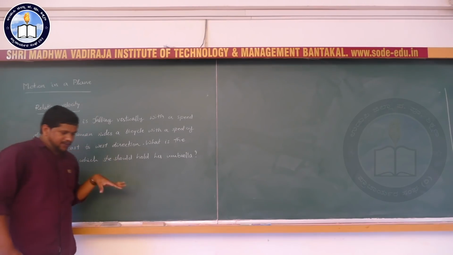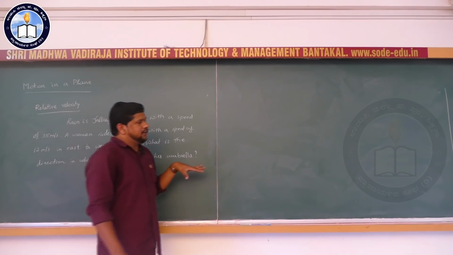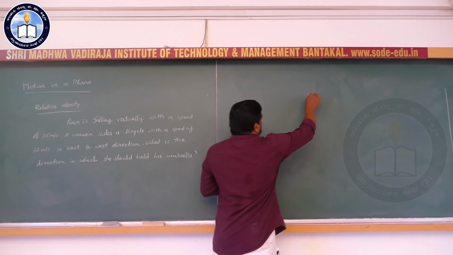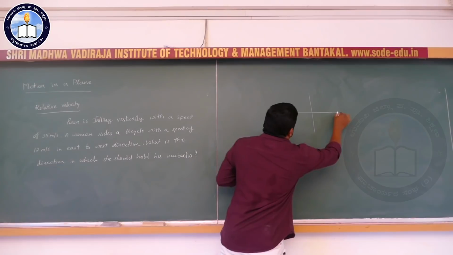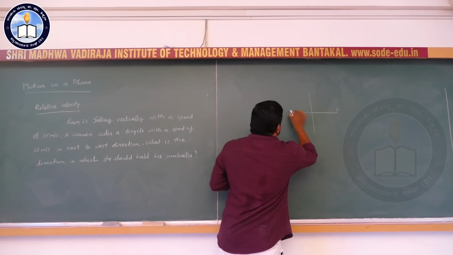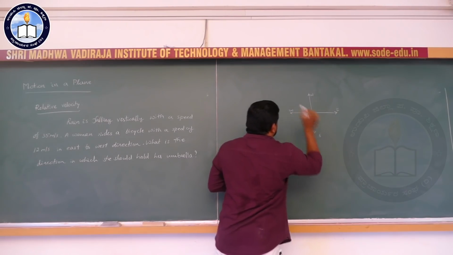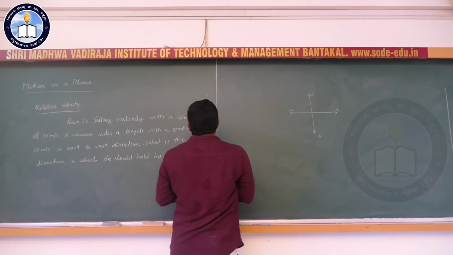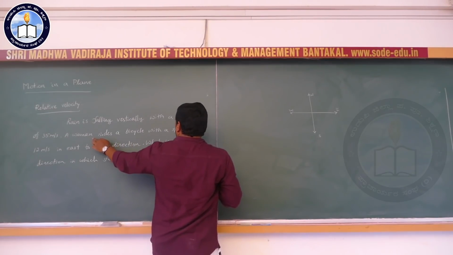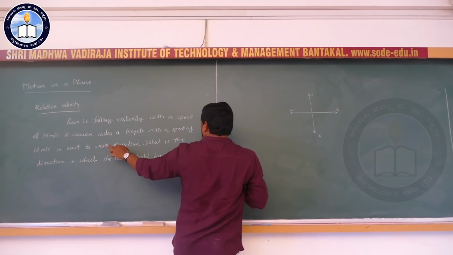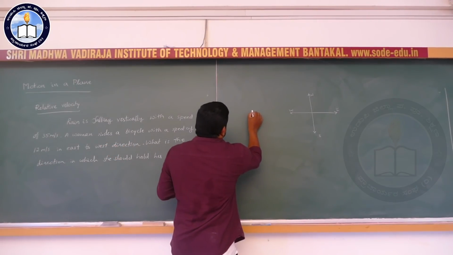So, to work out this problem, it is better to represent it schematically. Let me take the schematic representation: east, west, north, south. First you take the directions on the basis of which a woman rides a bicycle with a speed of 12 meter per second in east to west direction.